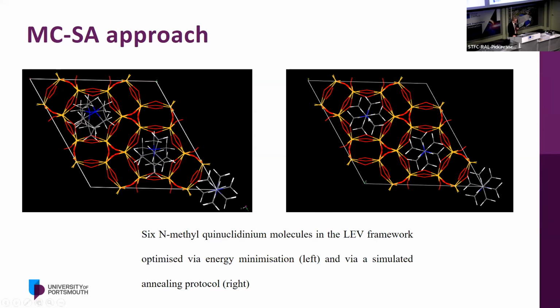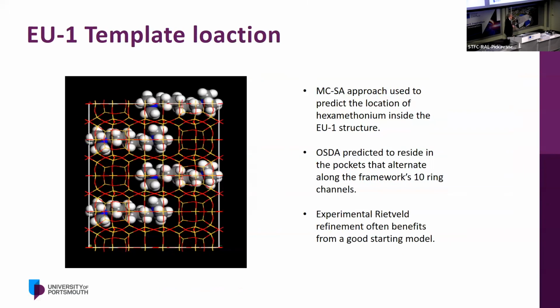And that usually does a really good job of trapping out any local minima which may be there. So a very good way of finding global minima, particularly when you've got several templates within a structure.